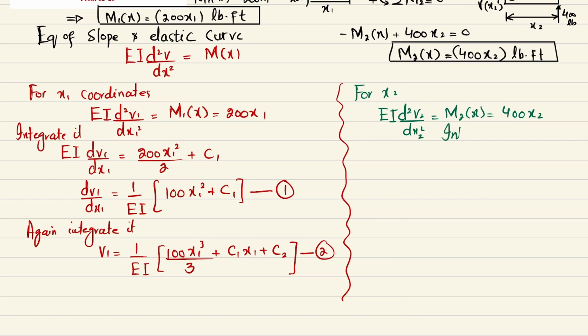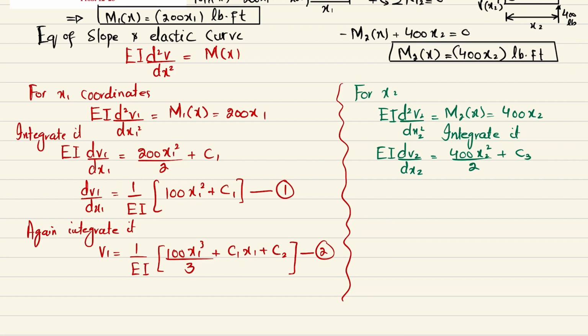So integrate this equation, we will have EI dv2/dx2 is equal to 400 x2 squared over 2 plus c3.